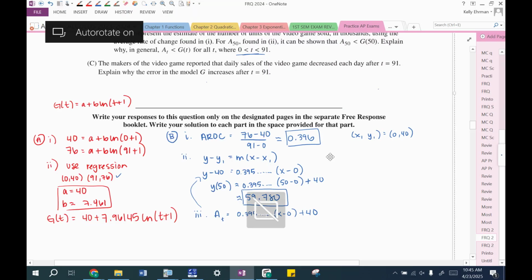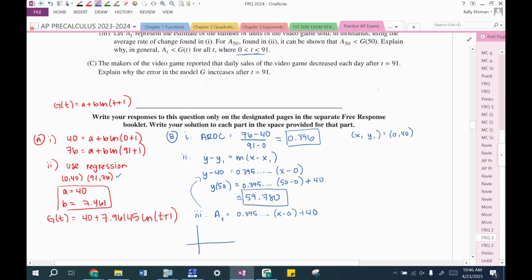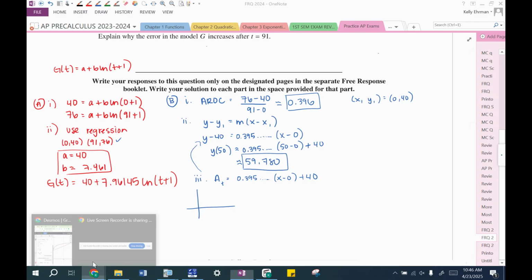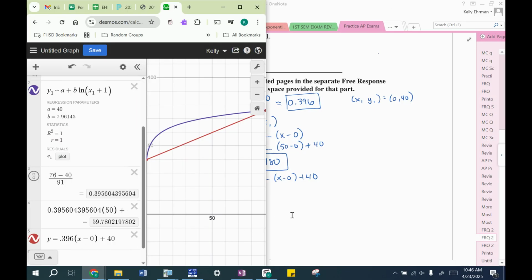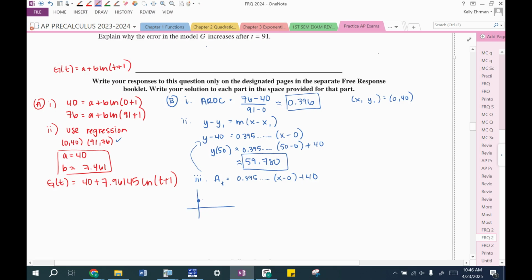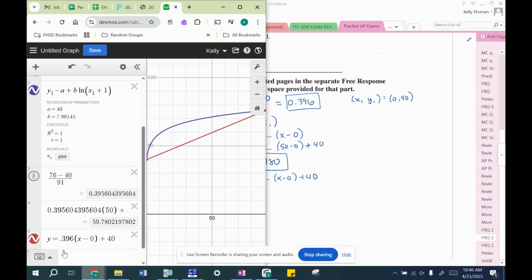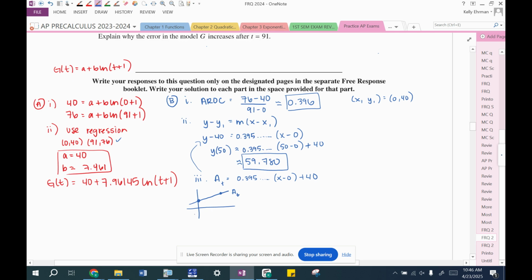All right, so on this section, I would say you could even sketch the graph if you want to. Just make sure that you actually label the two graphs and give a semi-accurate sketch. So it's like something like this. Here's the line. Call that a of t. And here's the natural log equation.